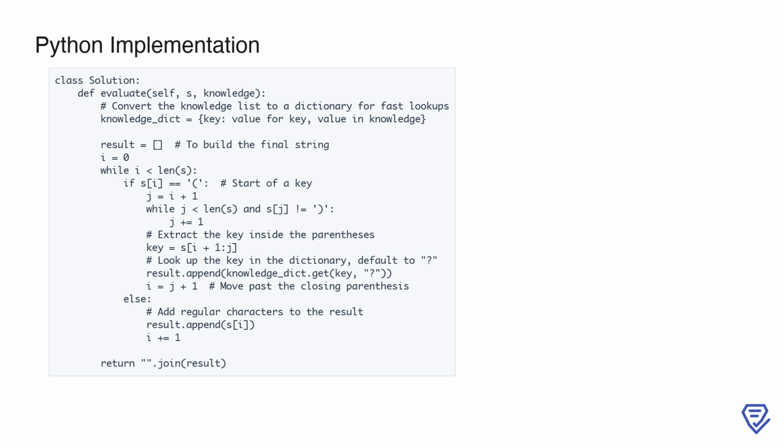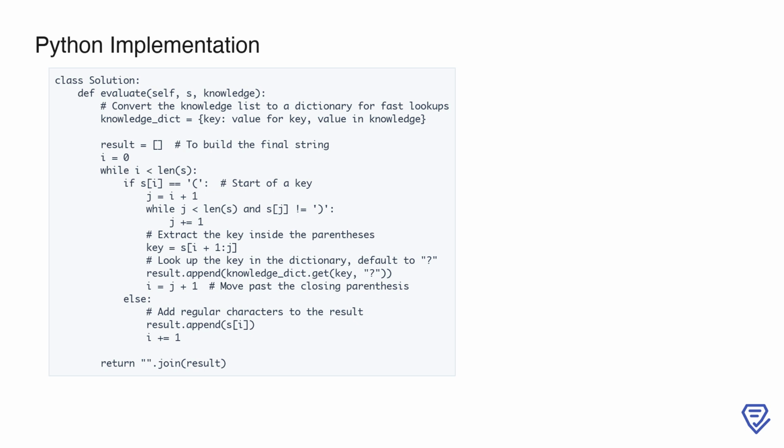3. Traverse the string. The while loop iterates over the string. If a character is not the start of a placeholder, we directly append it to the result list. For example, plain text outside placeholders is handled in this manner. 4. Handle placeholders. When an opening parenthesis is encountered, it indicates the start of a placeholder. We use a secondary pointer j to find the closing parenthesis and extract the key inside.